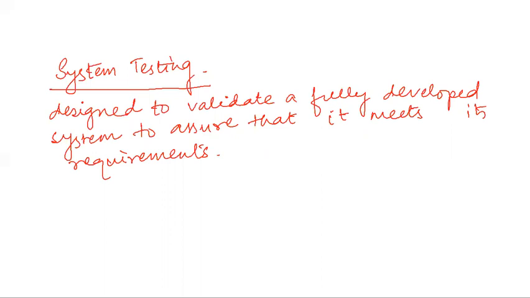That is, the requirements specified in the SRS document have been assured or not. For the fully developed system, after passing through unit testing and integration testing, we validate whether these requirements are being met, and for this validation we pass the product through the system testing phase.